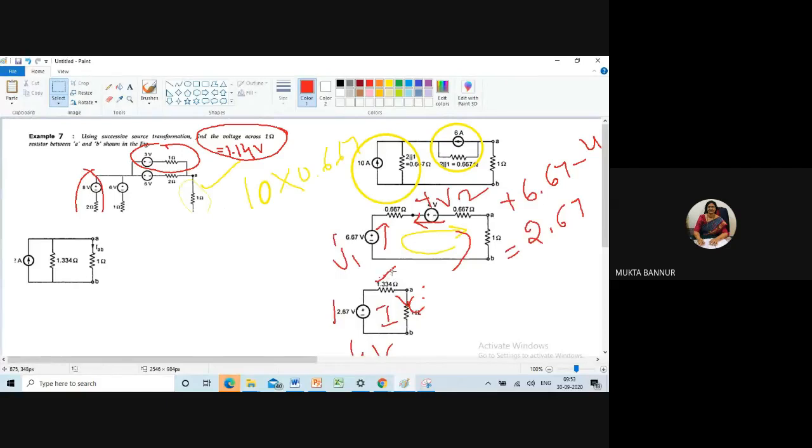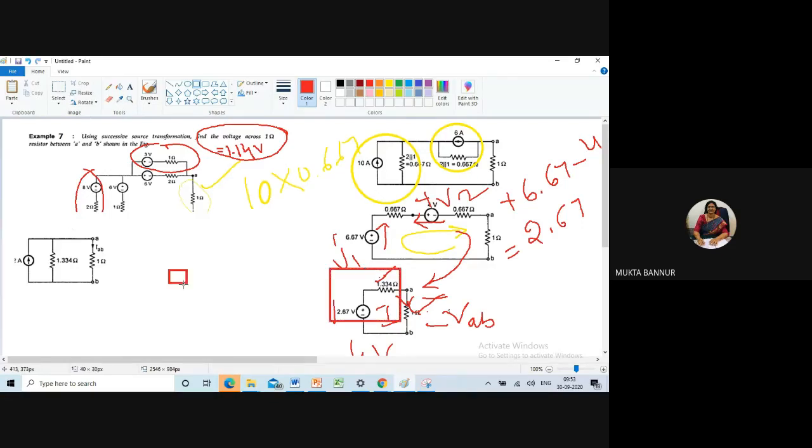Now I am going to convert this practical voltage source. This is a practical voltage source. I will be converting it into an equivalent current source.